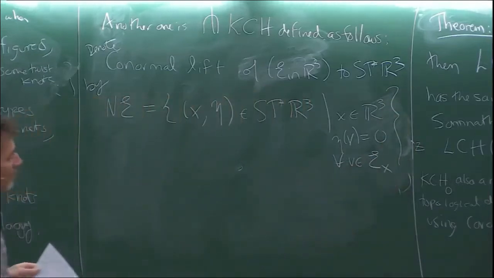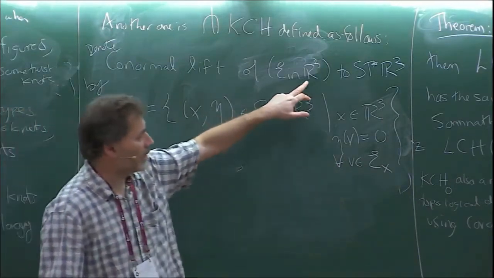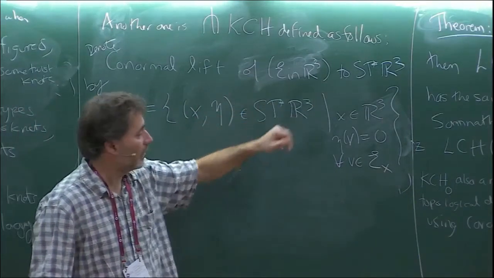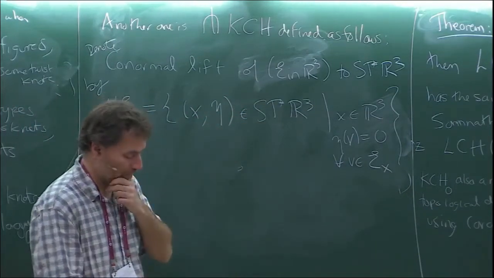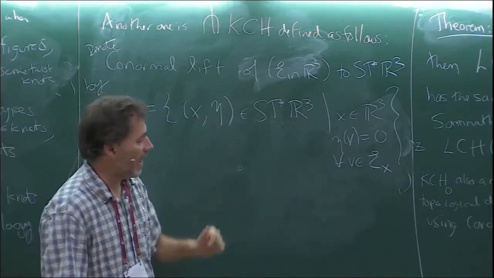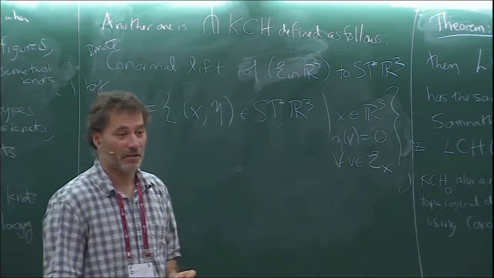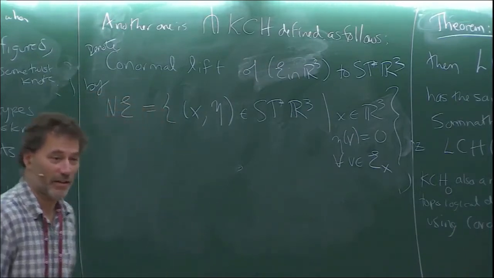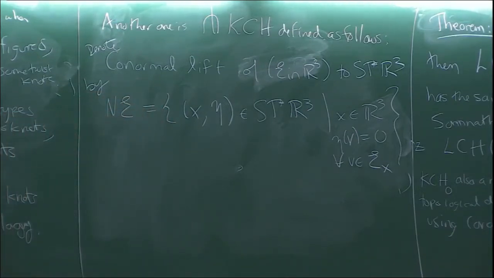Now this is going to be a bit confusing because I have a contact distribution in R3, that's a two-dimensional plane field, which I'm calling C. And I also have a contact distribution in this five-dimensional manifold, and I'm just not going to call it anything so that you don't get confused. So this one will be called C, and the other one will be called that.